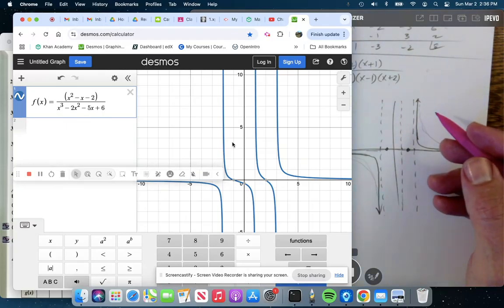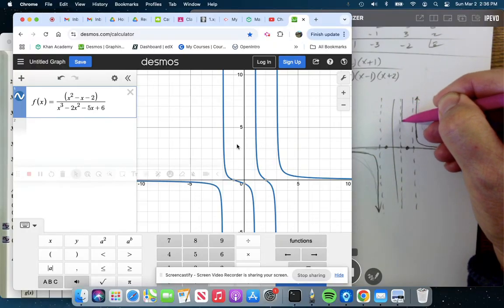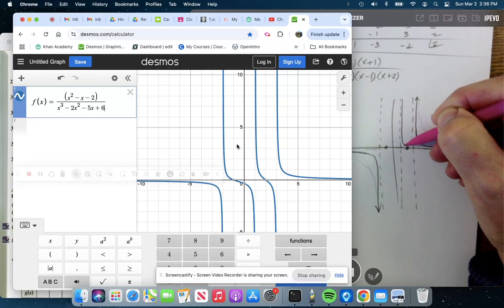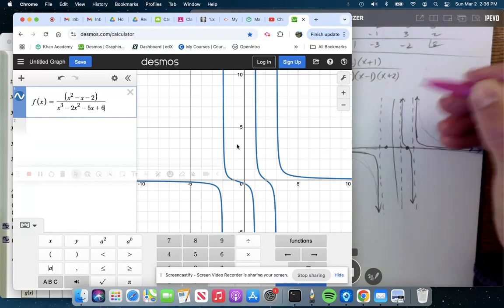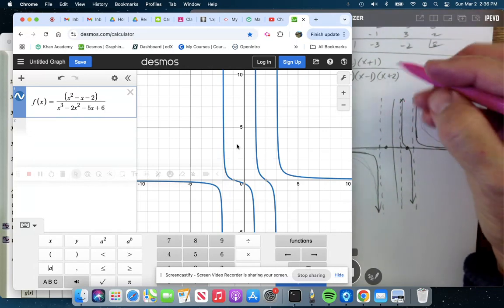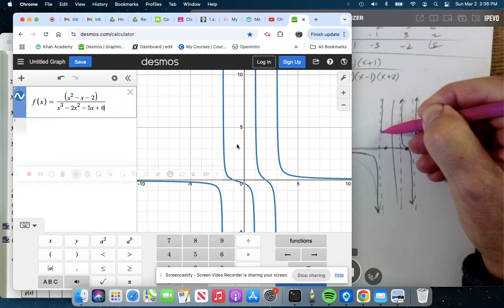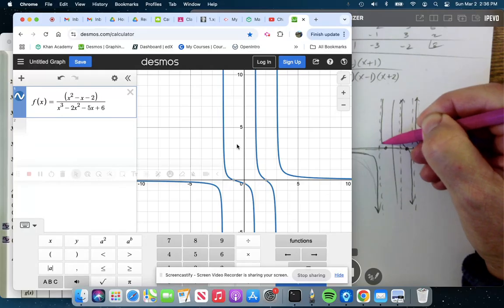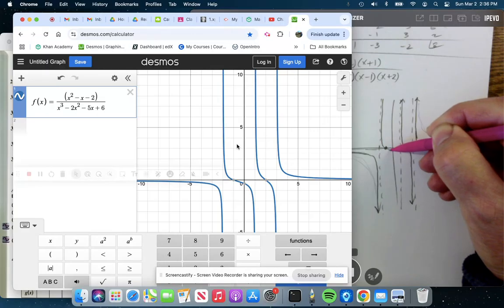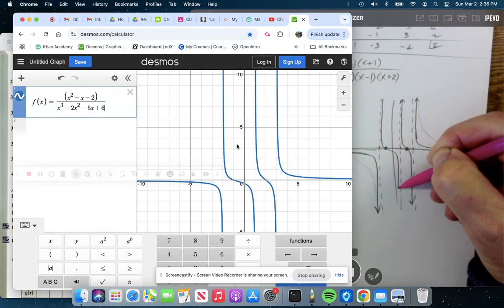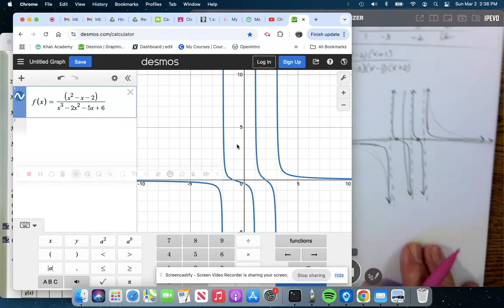Then here it comes down along this asymptote and then turns and goes down along the other one. And then it does something very similar in here. It comes down this side of this left asymptote, and as you approach it, it curves and has a little inflection point, then crosses the y-axis, then turns back down and runs along the other asymptote. All right, and there's your graph.